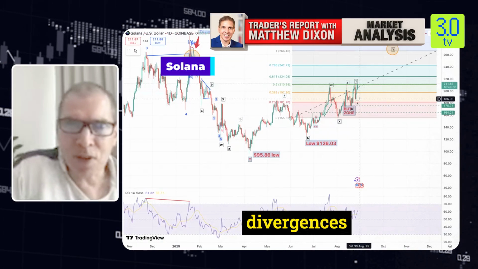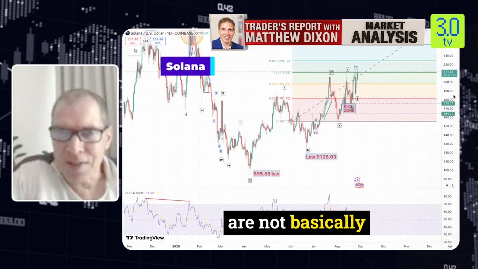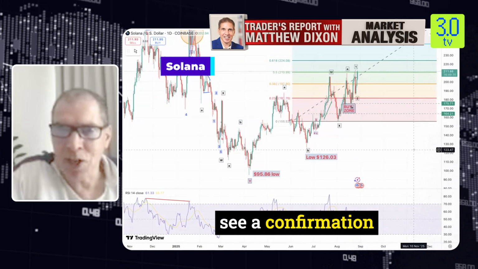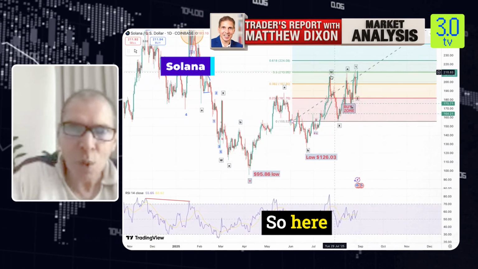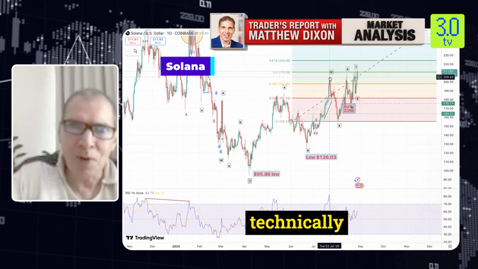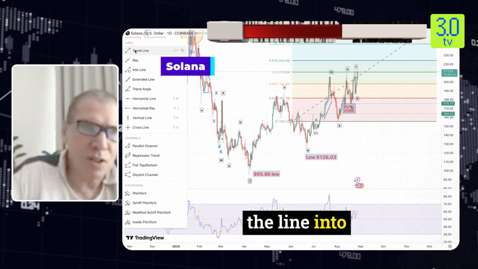But remember, divergences are, in my view, not valid until we see a confirmation in the candlestick pattern. So here, whilst technically we have divergence with higher highs, I'll just draw the line in to show that to you.